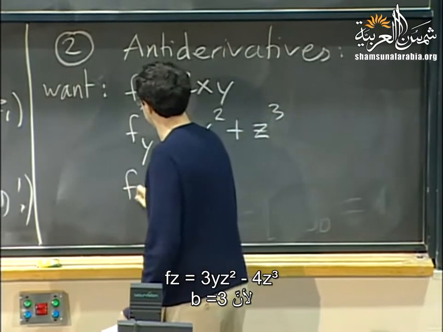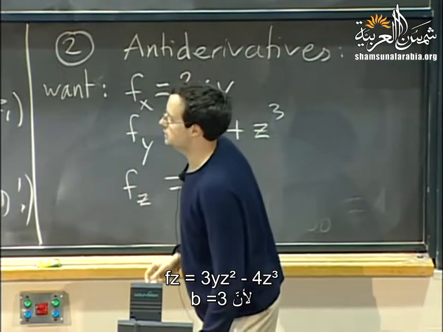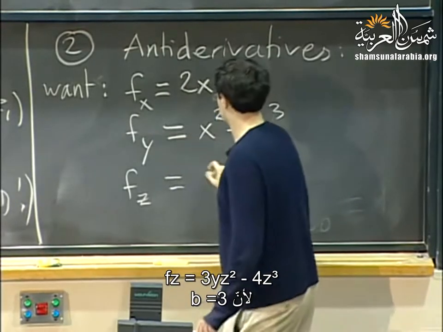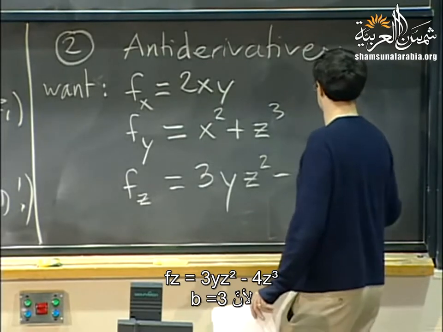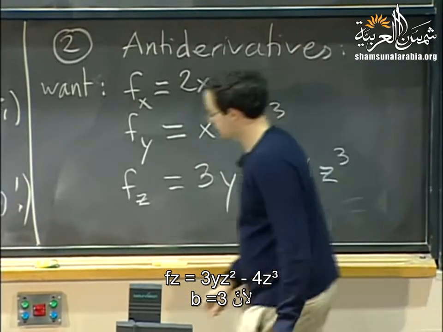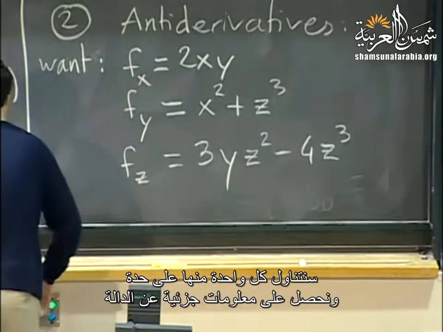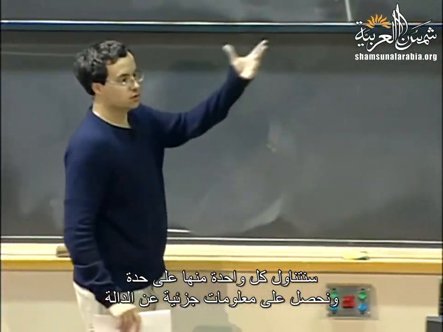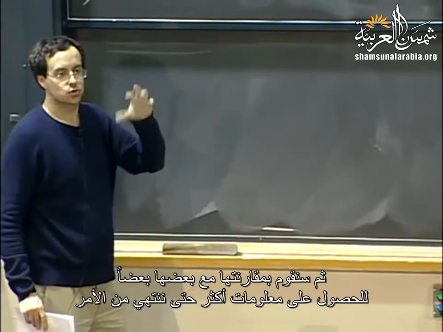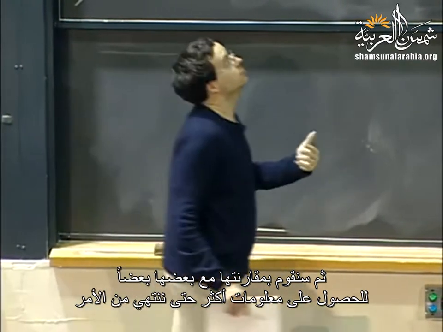And f sub z should be, so b was 3, so that was 3yz squared minus 4z cubed. We're going to look at them one at a time and get partial information on the function, and then we'll compare with the others to get more information until we are completely done.